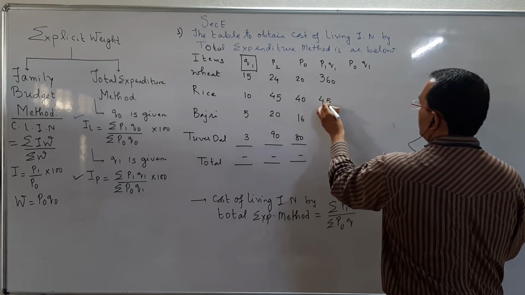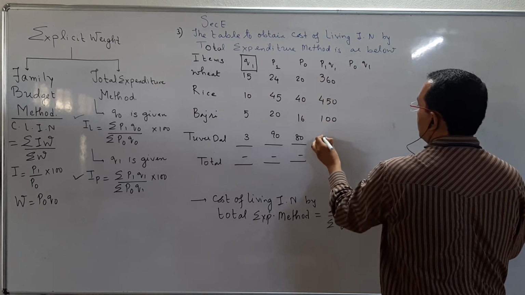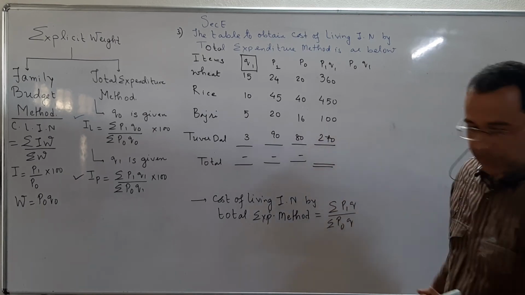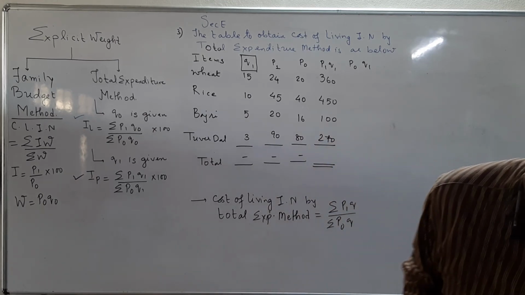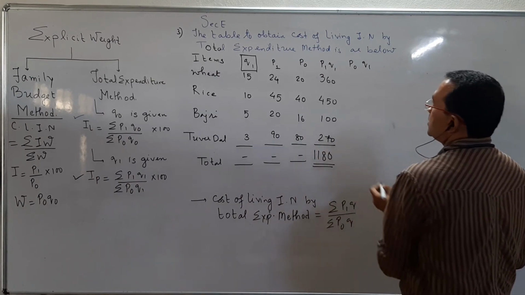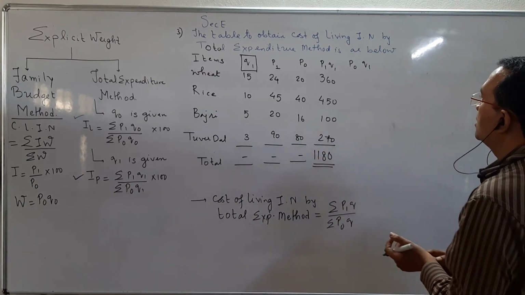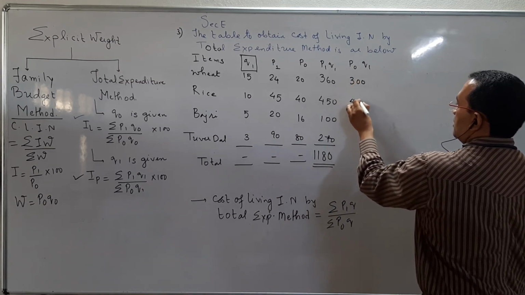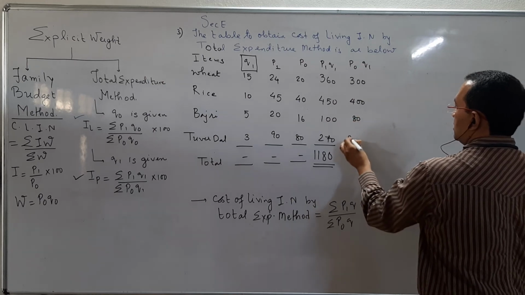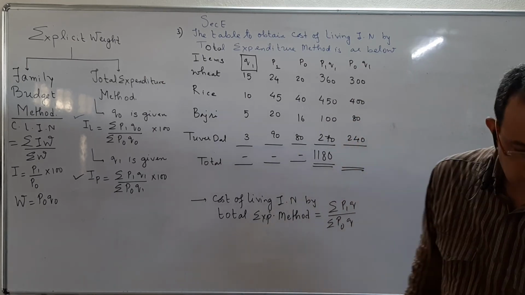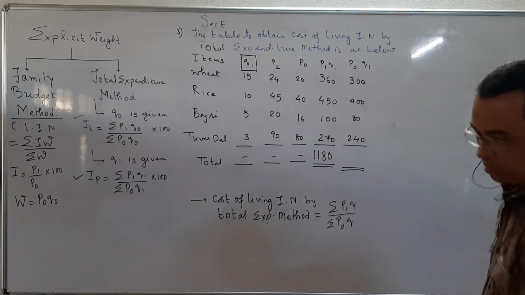Then 450. Then 100. And then 9 into 30 is 270. So what is total of P1 Q1? 1180. Okay, P0 Q1. 15 into 20 is 300, 400, 300, and of course 240. So this total turns out to be 1020.